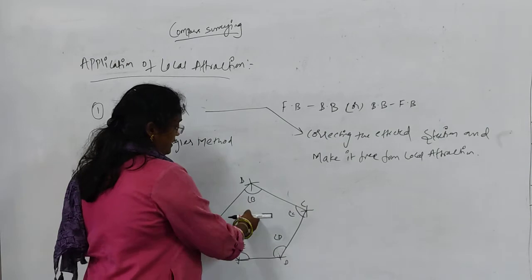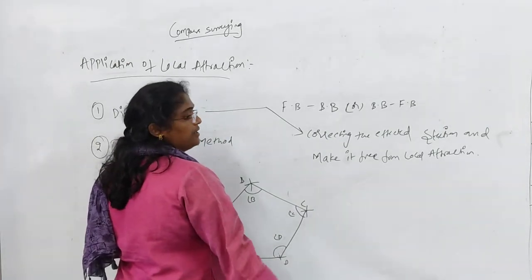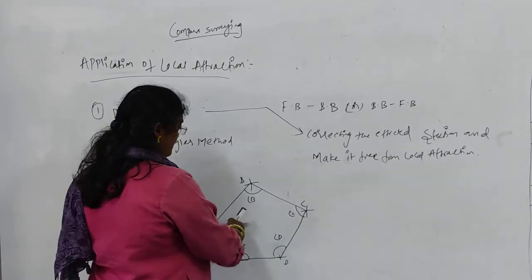Fore bearing minus back bearing will give you the included angle here. Sometimes fore bearing plus back bearing also we will be doing.